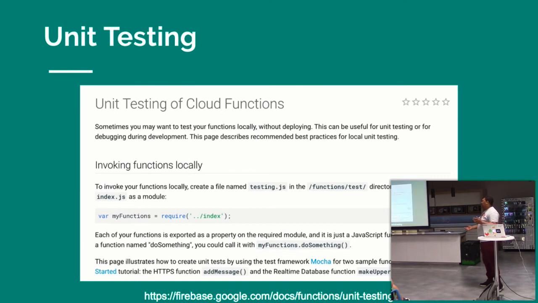Then again, I just want to talk about, okay, I'm a big advocate for unit testing. So obviously you need to test your functions. In Firebase, they have actual documentation of using Mocha to test your functions, but you can use Jasmine also. Jasmine works quite fine.